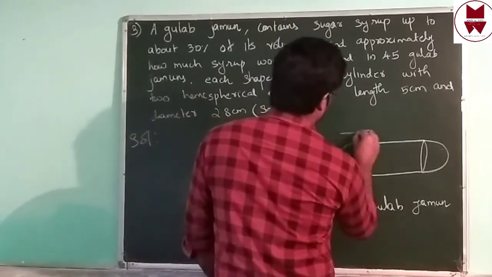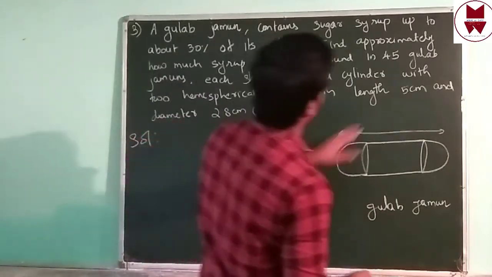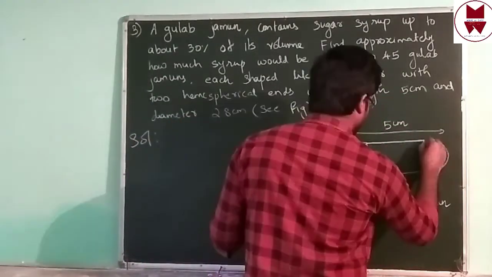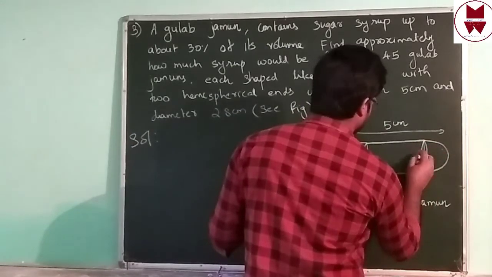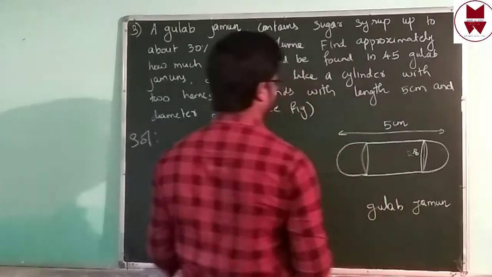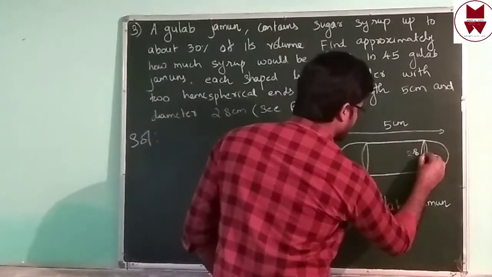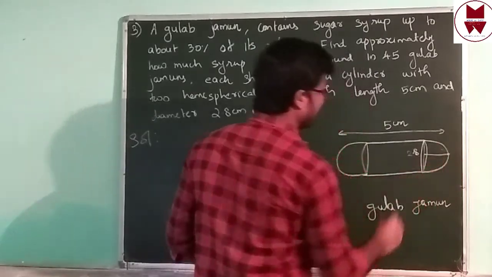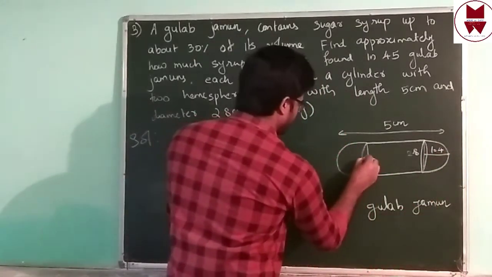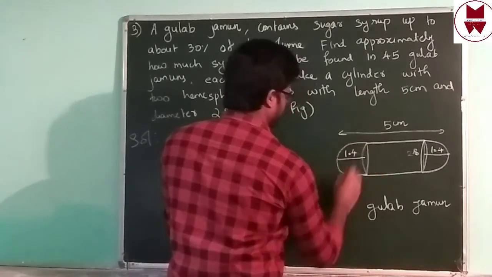Total length is given, that is 5 centimeter, 5 centimeter, 2.8. Then diameter is 2.8 means 1.4, half of diameter. In here also radius will be 1.4.